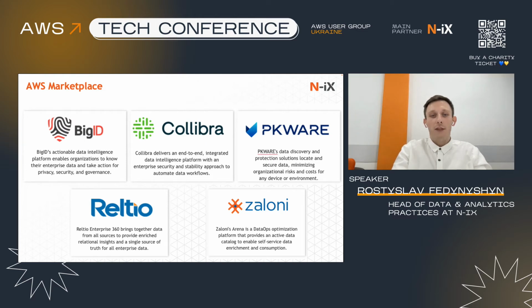And also we have the Wohni Arena DataOps platform that provides complete visibility and control access across AWS and on-premises environments. This Arena is different from other end-to-end data solutions, because it uses augmented catalog, augmented governance, and self-service consumption. So it reduces some IT costs.